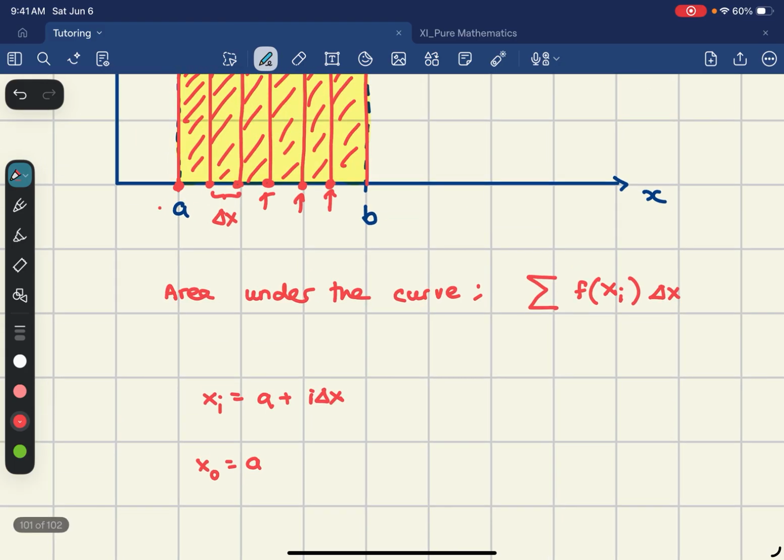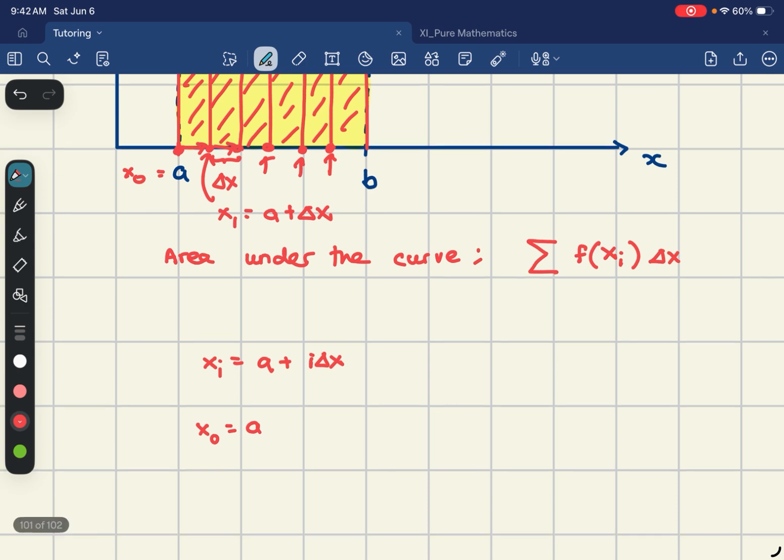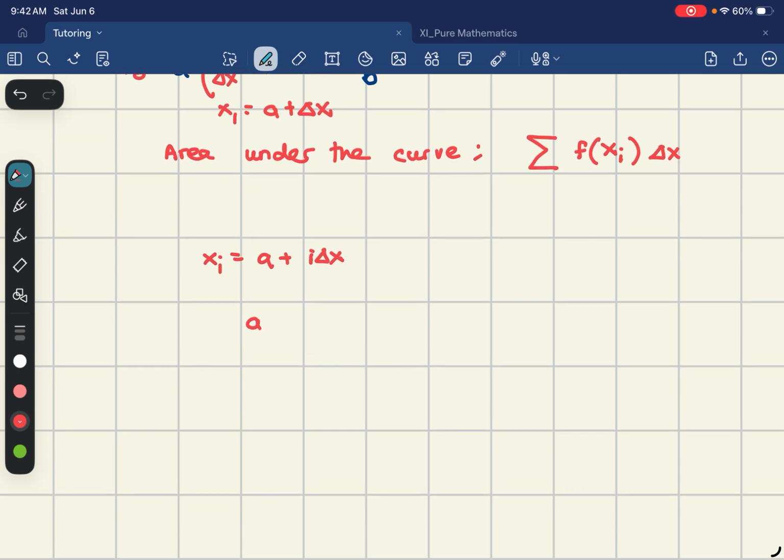Then if you want to go to x1, which is this one, that is going to be a plus delta x. And that makes sense. 1 times delta x is just delta x, because you have to move delta x width here. And if you move 2 delta x width, you get to x2, and so on. So we will use this definition for x_i.